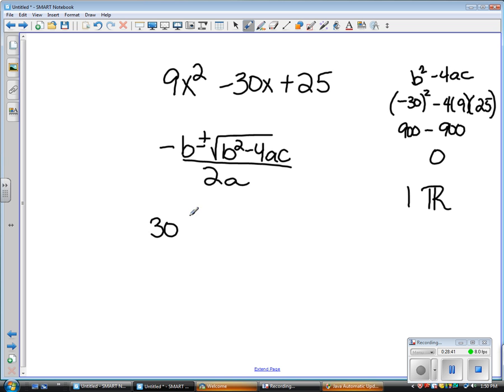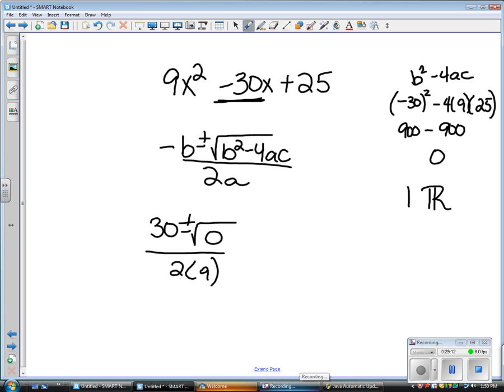So that's 30 plus or minus the square root of 0 over 2 times a. See how I just fit that in? Why is it positive 30 here? Because this says the opposite of whatever b was. What is b? The opposite of negative 30 is positive 30.